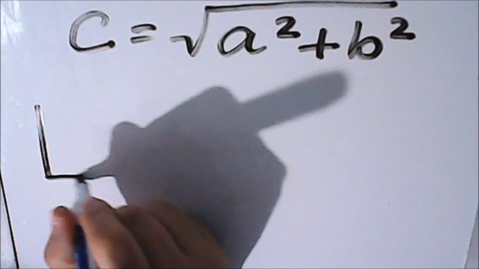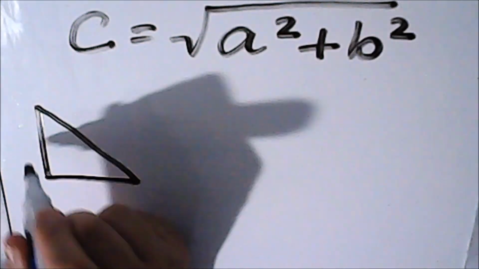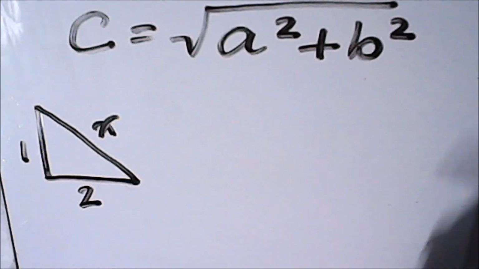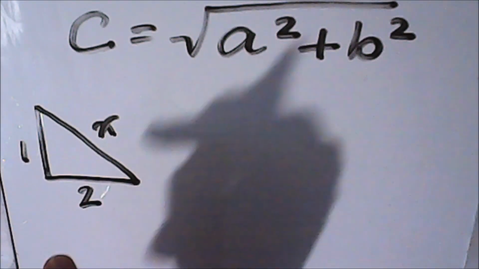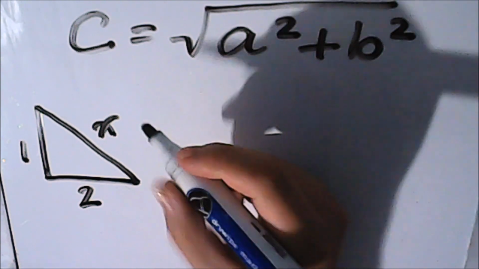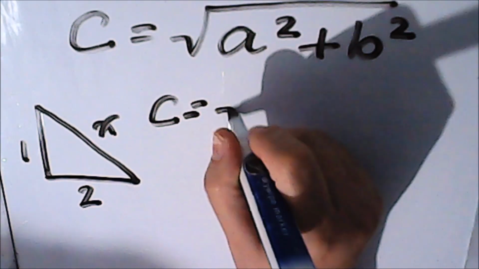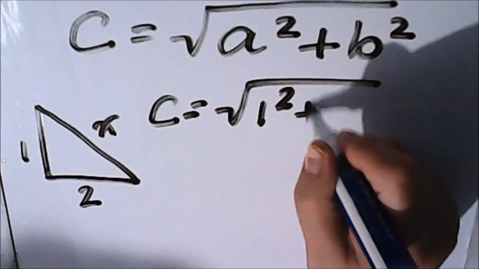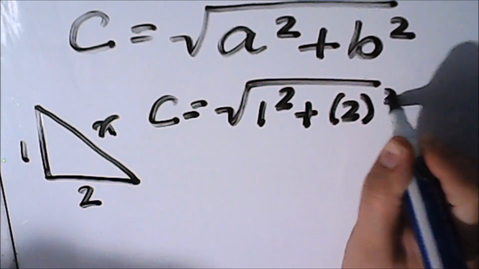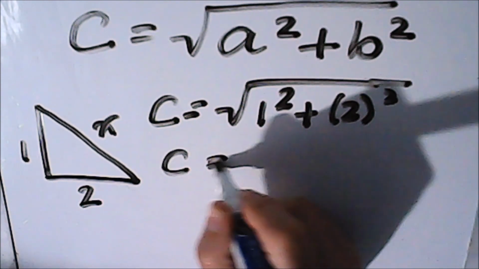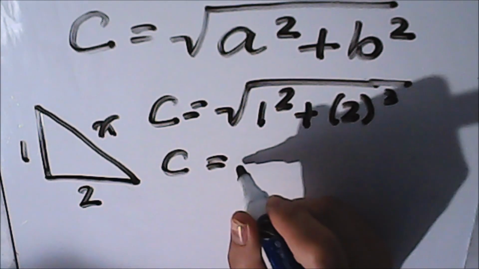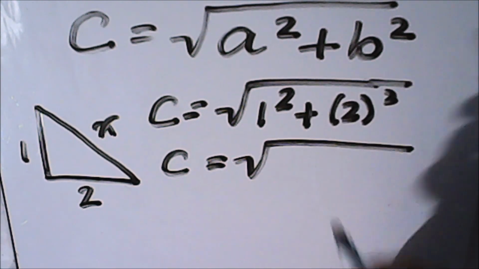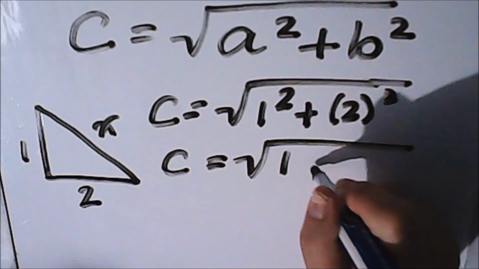Going back to our triangle, A is 1, B is 2, and C is x. Substitute the values that we have to our formula. So C is equal to the square root of 1 squared plus 2 squared. 1 squared is 1 times 1, so that is 1.